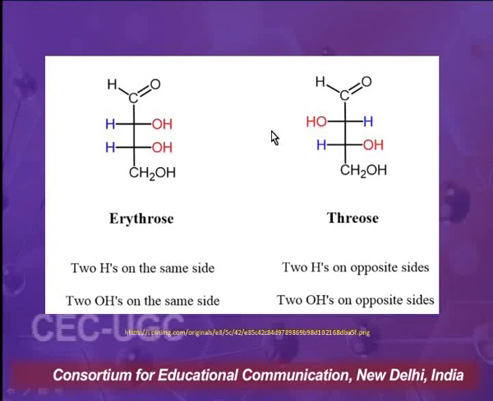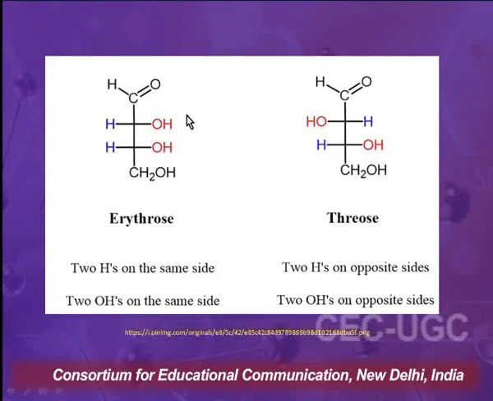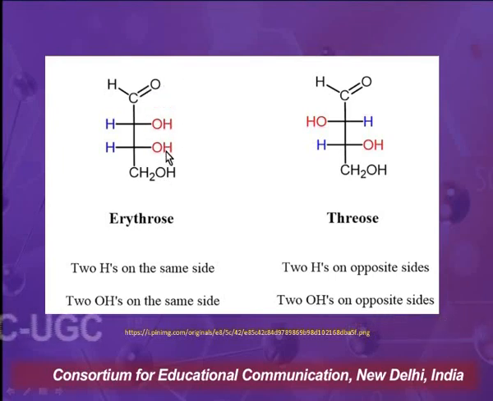So we can say an erythrose molecule, or such molecules, are those in which the two terminal groups should be different and the two groups are the same. So we can visualize that this could be a Y group here, this could be an X group here, and this could be CAB here, and again CAB here.